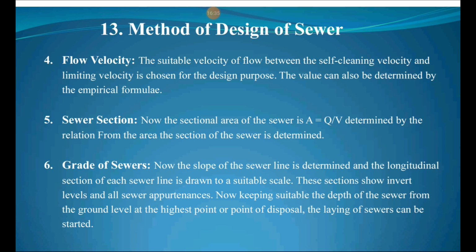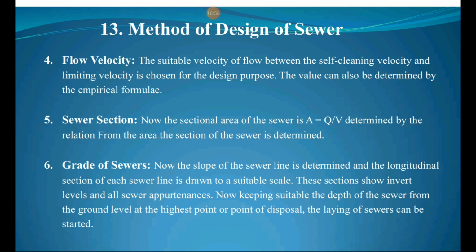Sewer section. Now the sectional area of sewer is A, that is Q divided by V. We note the major formula, that is Q is equal to AV, that is discharge is equal to area into velocity, is determined by relation. From that relation, the area of the section of the sewer is to be determined.